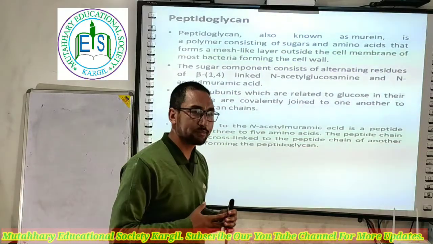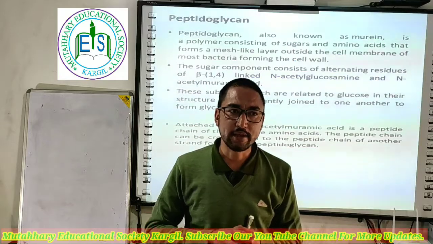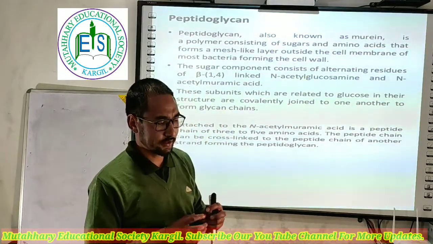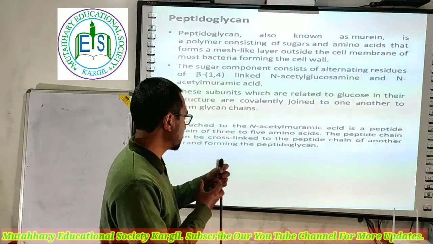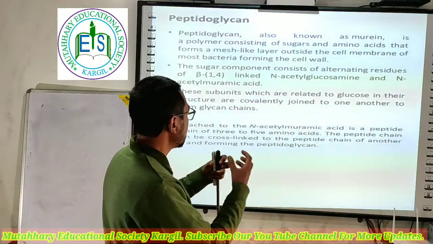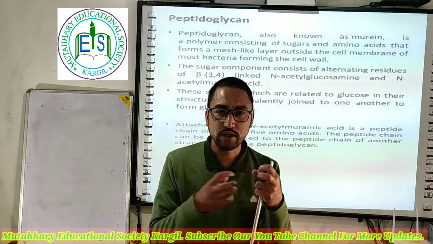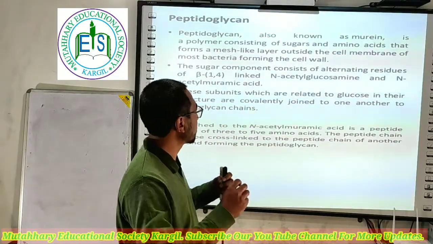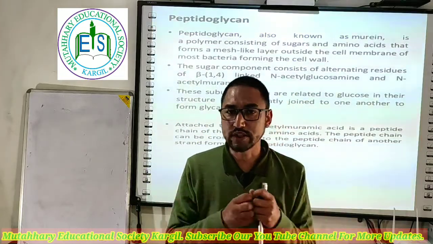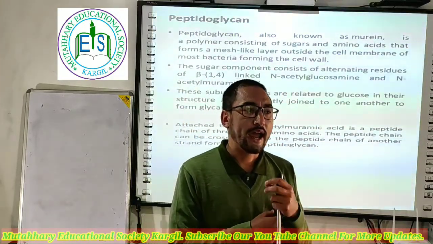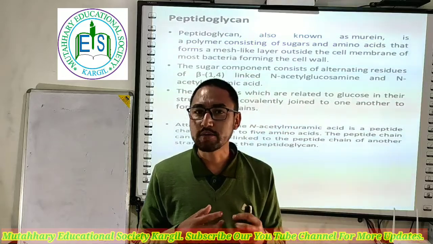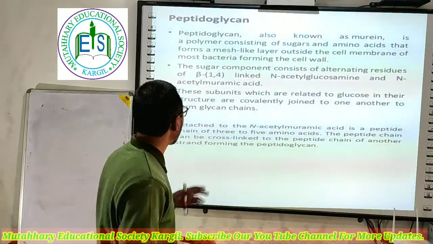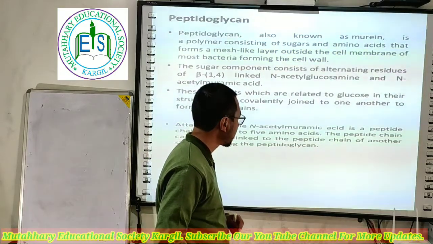So these sugar components are called NAG and NAM, N-acetylglucosamine and N-acetylmuramic acid. मतलब एक NAM का स्ट्रक्चर एक NAG का स्ट्रक्चर, ये दोनों कोवेलेंटली बॉन्ड होंगे एक दूसरे के साथ. कोवेलेंटली बॉन्ड्स के बीच में हमारे पास छोटे छोटे अमाइनो एसिड्स की चेन होंगी, two small amino acids, and alternate NAG and NAM molecules, they will finally give a structure that is your outer peptidoglycan layer.